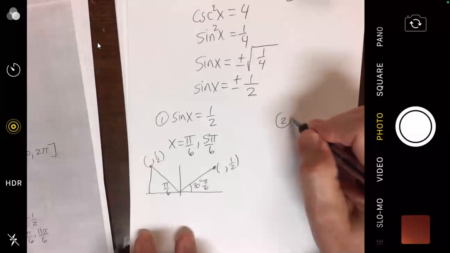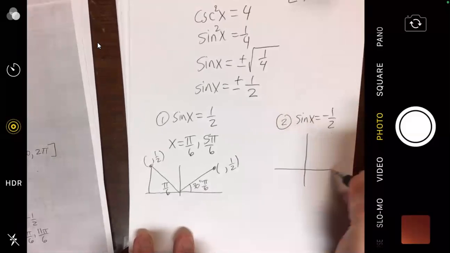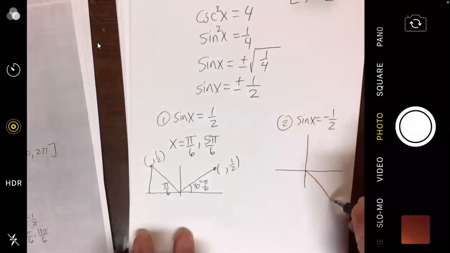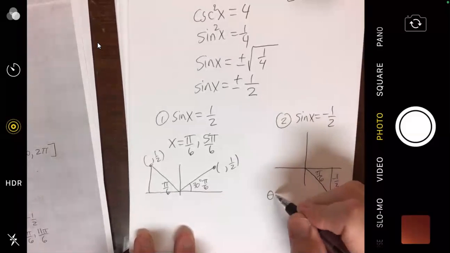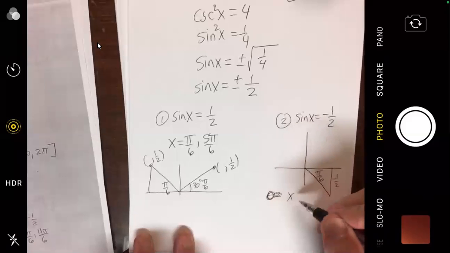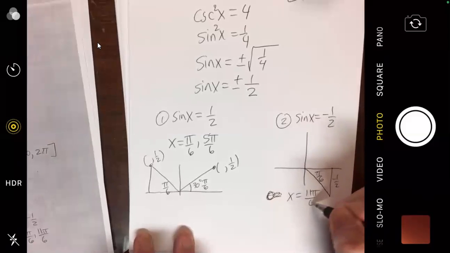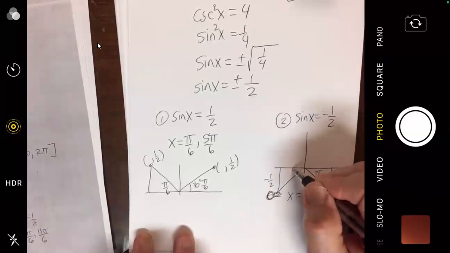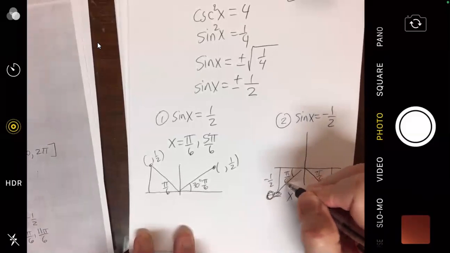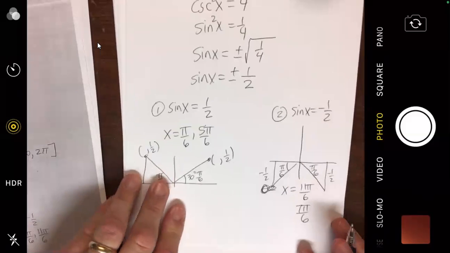If I take sine of x as negative 1/2, I'm in the other two quadrants with a pi over 6 reference. So solving for x, I am pi over 6 short of 2 pi, that'd be 11 pi over 6. And over here, with the y leg negative 1/2, pi over 6 bigger than pi, that would be 7 pi over 6.